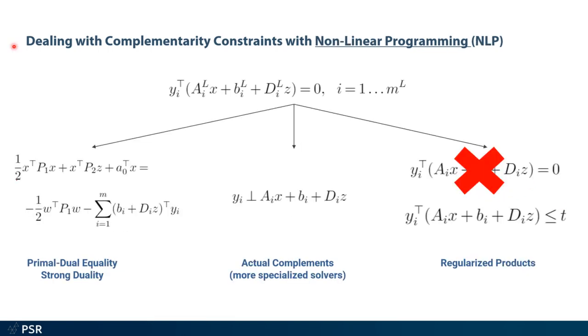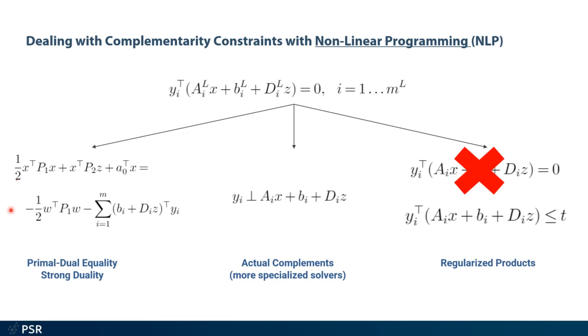Yet another way of dealing with the complementarity constraints is using nonlinear programming. So we reformulate the complementarity constraints as nonlinear program constraints. The first option is to remove completely the complementarity constraints and replace them by a primal-dual equality, which will enforce that the primal objective function of the lower level will be equal to the dual objective function of the lower level.